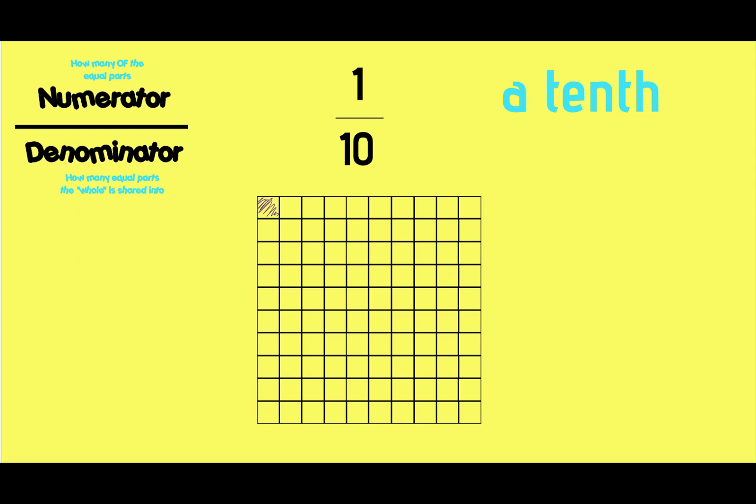So 1 shaded, 1, 2, 3, 4, 5, 6, 7, 8, 9 is not shaded. That whole column is a group of 10. I've just shaded one of those in. Now I'm going to be able to do the same with the one next to it. 1 shaded and I'll leave 9. 1 shaded. So I can actually do that with the whole column. You can see then I'm actually done.